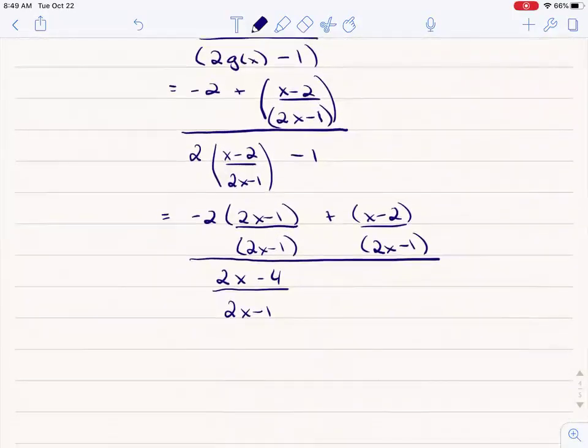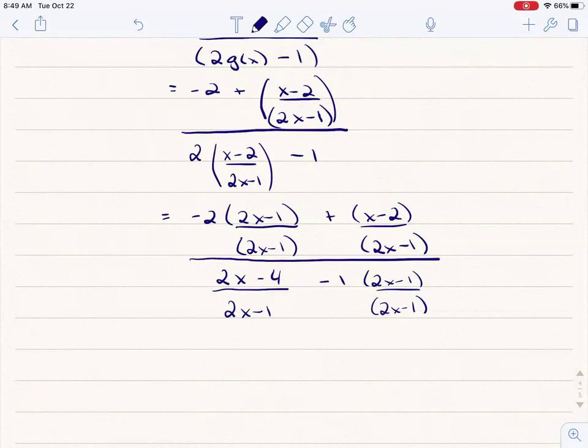And then I'm about to do the same thing over here, right? -1 times 2x minus 1 over 2x minus 1. So you multiplied that through, but you're not going to do it for that one? Because I'm getting the common denominator. But you can't just multiply it through, just keep the common denominator.